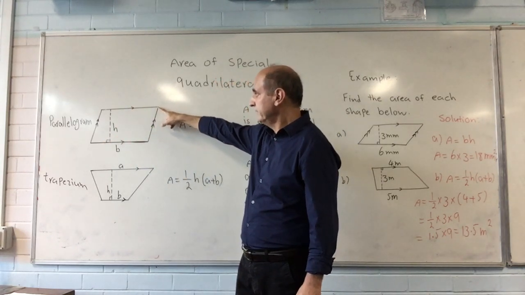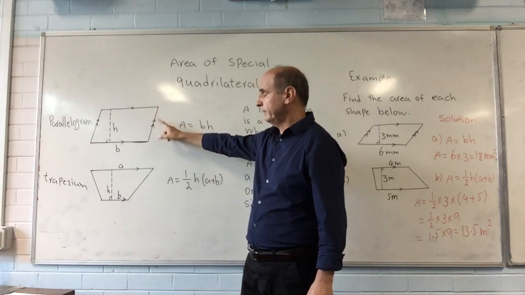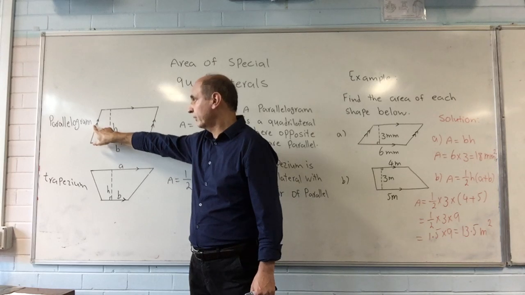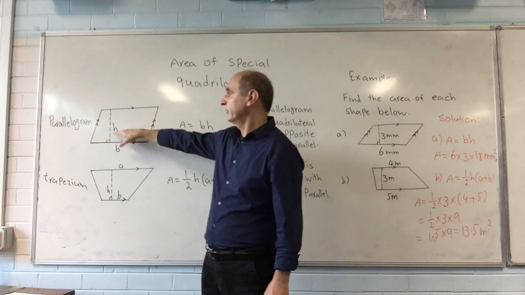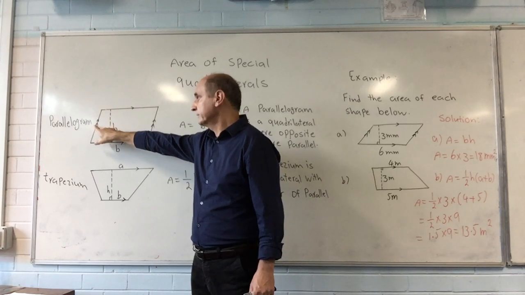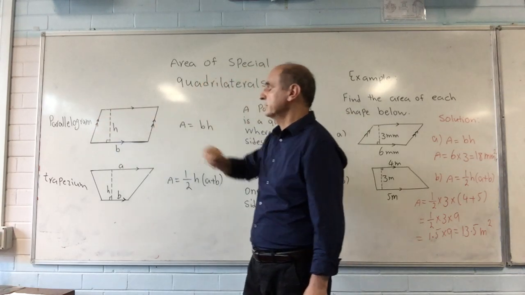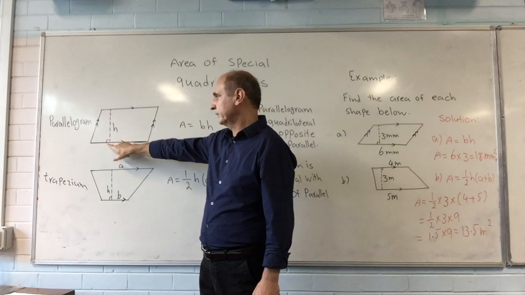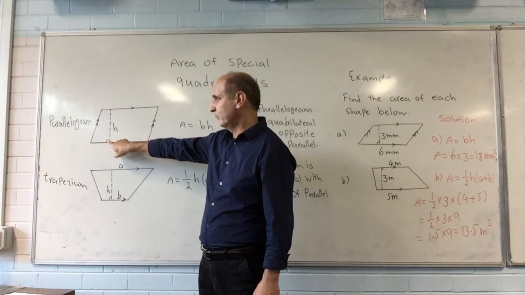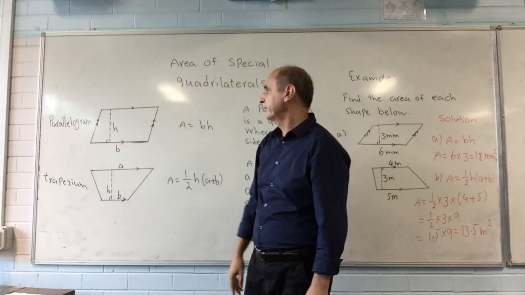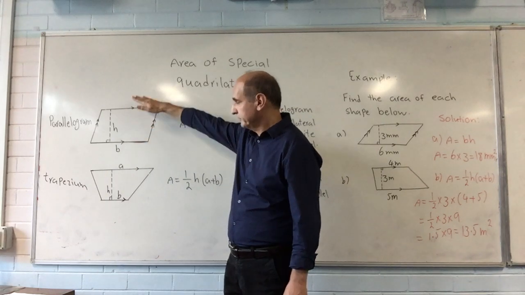I could have taken this as my base, that would have been perfectly fine. Then I should have found the distance from this side to this side. The height would have been the perpendicular distance. As you can see, there is a small square here telling me that this is perpendicular, the perpendicular distance between the two lines.